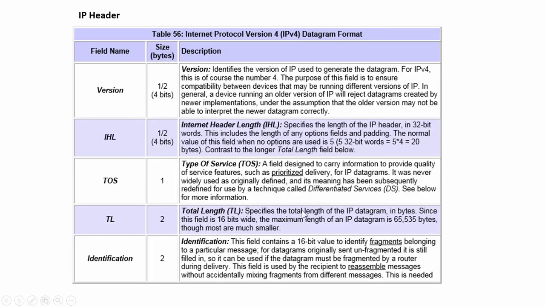Total length field specifies the total length of the datagram. And the identification field is used when the message being sent has been chopped up into many IP packets. And the purpose of the identification number is it allows the receiver to reassemble those packets in the proper order for the message to make sense.